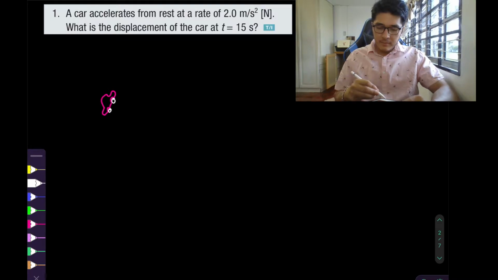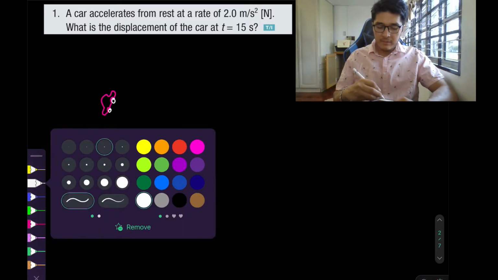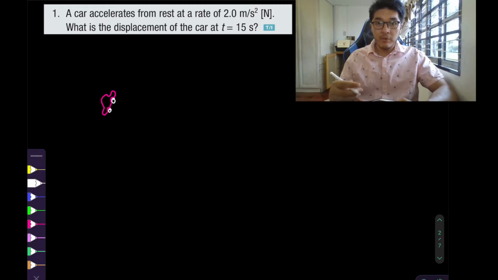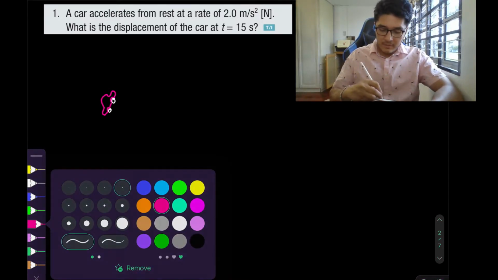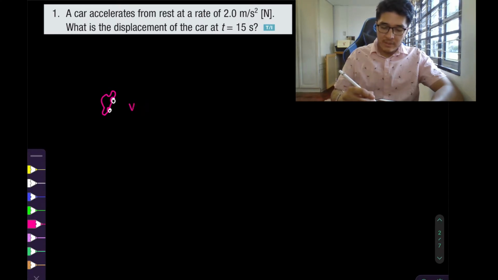And we're going to have to try to interpret words into numbers. So whenever they say a car accelerates from rest, then that is giving you a hint. If you're starting from rest, how quickly are you moving? Well, you're not. So initially, your velocity is going to be 0 because you're starting from rest.